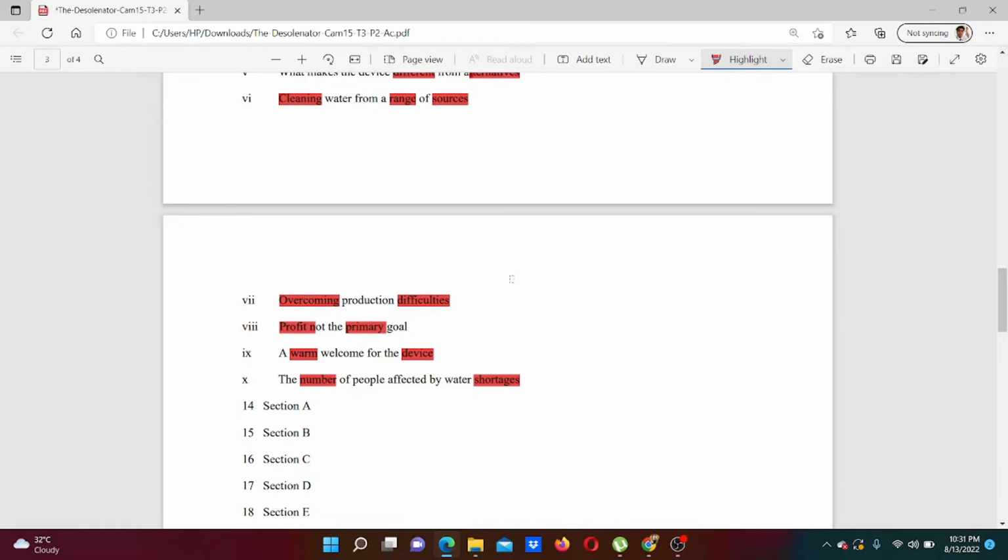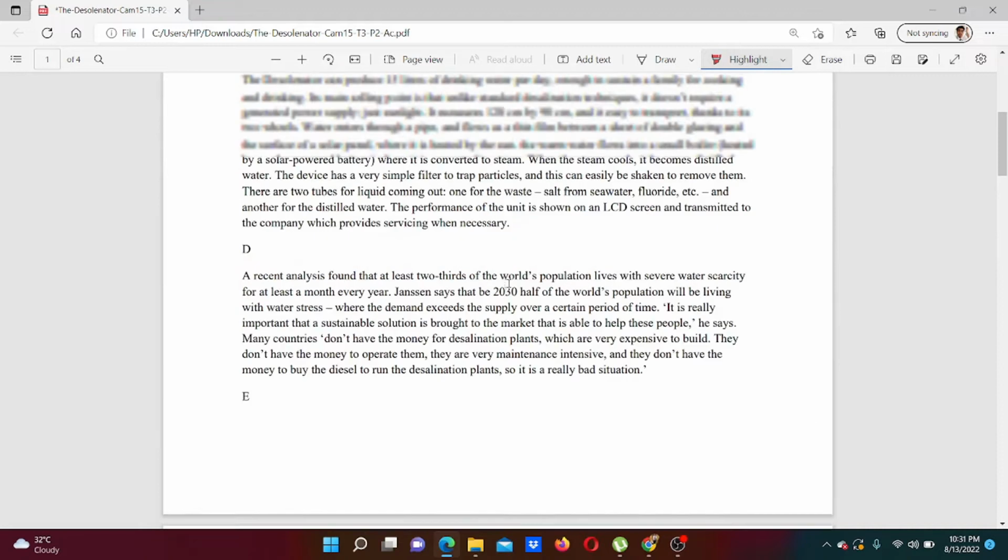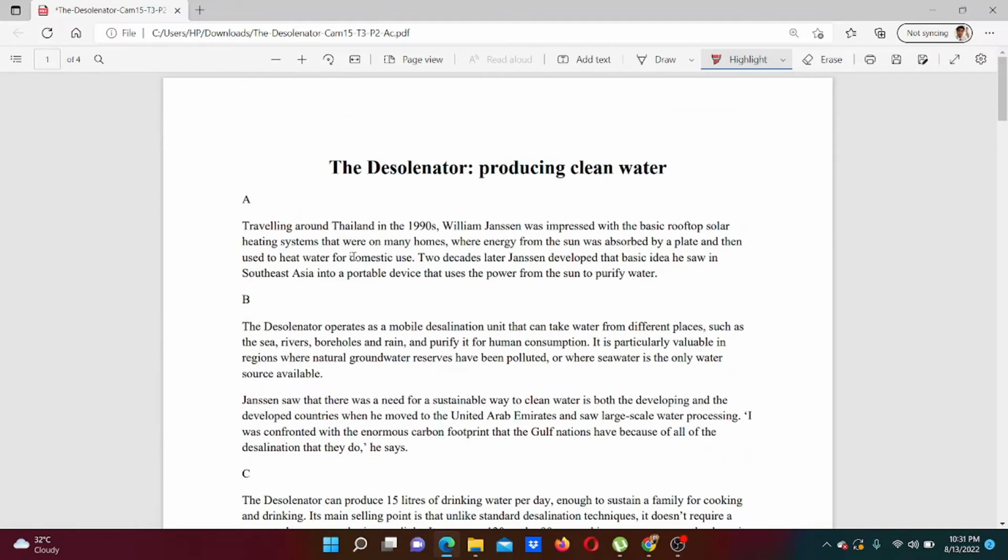Now we are going to go directly to our passage, and then we can easily identify which heading is for which paragraph. So passage, paragraph A. Traveling around Thailand in the 90s, William Jensen was impressed. Oh, another point: there are a lot of IELTS instructors and a lot of videos where they mention that while solving list of headings, you just read the first and last line, and by that you can identify the heading.